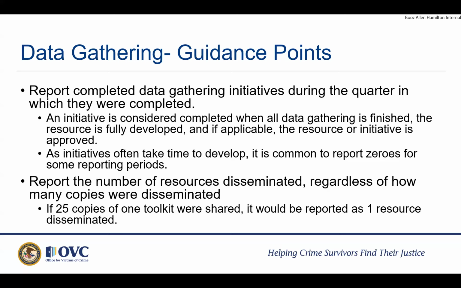So if you report zeros, that's not uncommon at all. And again, it's important to be sure of how you're counting the resources. So again, in the last bullet, you would count 25 copies of one toolkit given out as one resource disseminated.